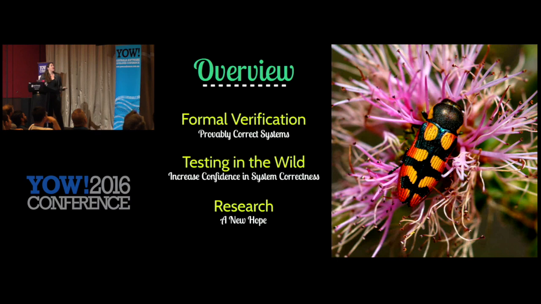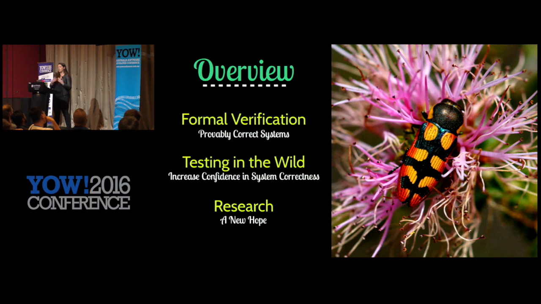Okay, so how do we do this? In this talk, we're going to start with a really quick overview of formal verification. I think it's interesting. This is the academic term. Inez mentioned it in her talk as well, just in case you haven't seen it or you want to go down that rabbit hole. Then we're going to talk about things that I think are a little more practical that you might actually use. I call this testing in the wild.